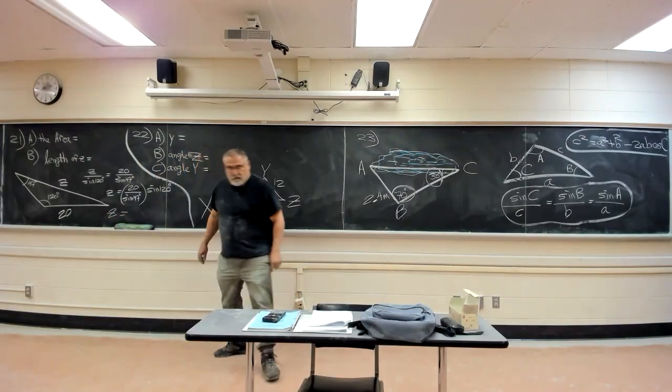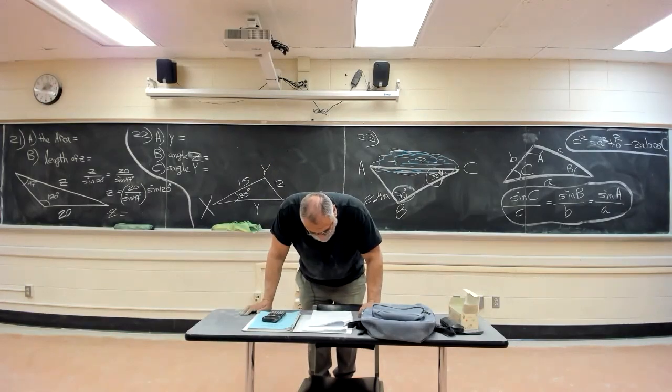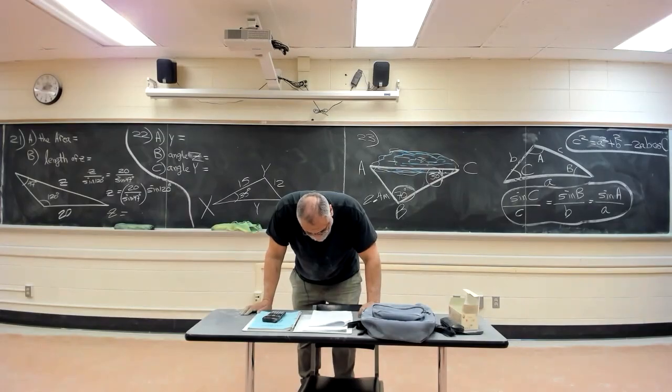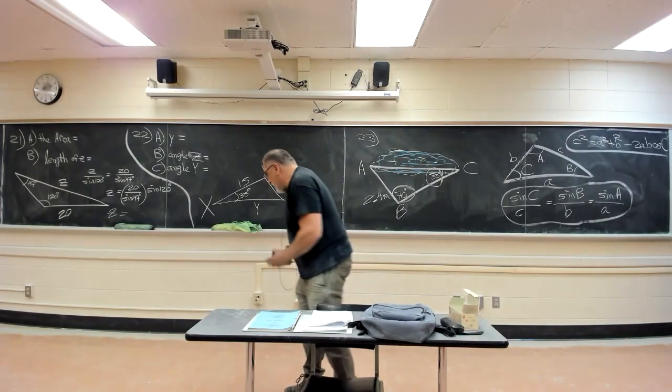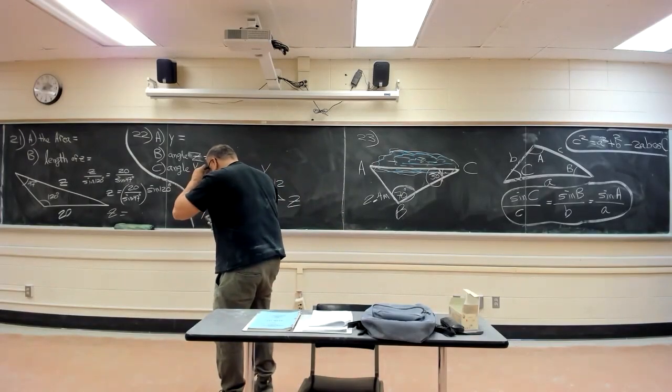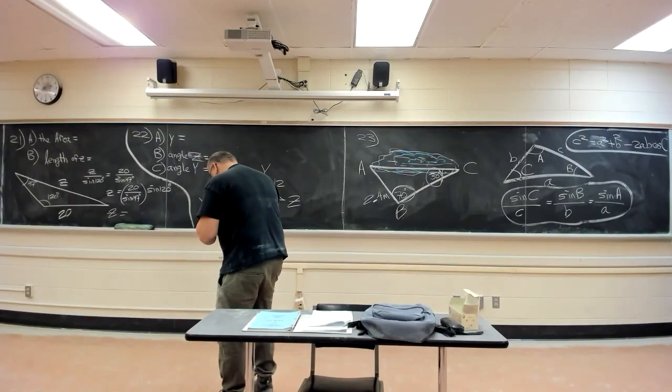Well, there's a lot there. Let's find out what it is. Using this, find the length. They didn't really specify how they want to do some of this, so let's do it. What we have here is 20 divided by the sine of 47 degrees. Get an answer, then multiply it by the sine of 120 degrees.